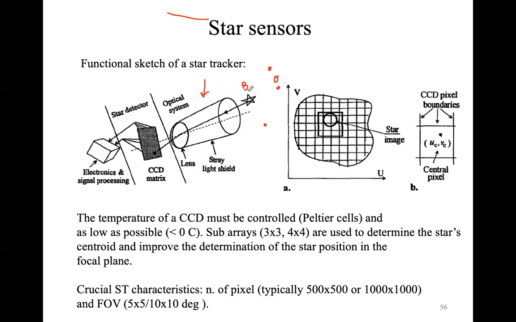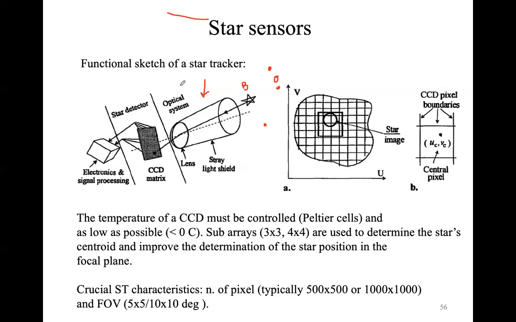On the other hand, as we are going to see later, that could create problems in the identification of the star. For example, there is a method called angular separation of the stars, and you will see that it is better to have a larger number of stars in order to have improved identification and acquisition of the stars.